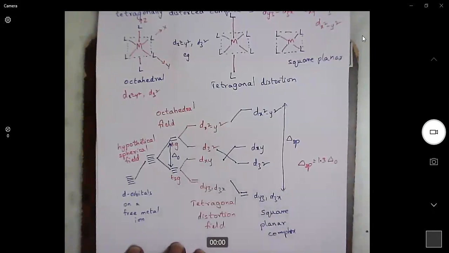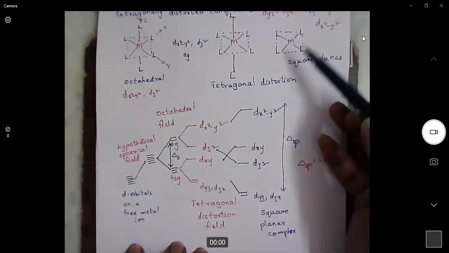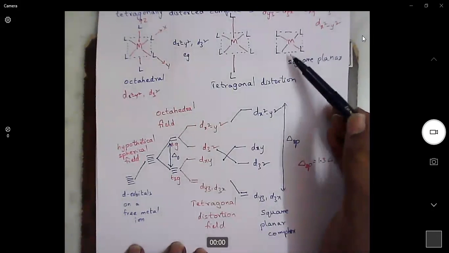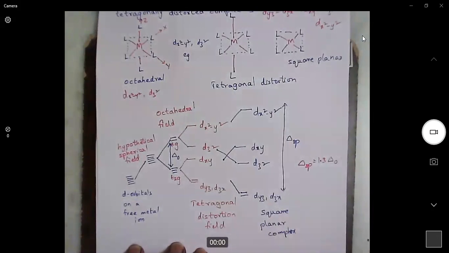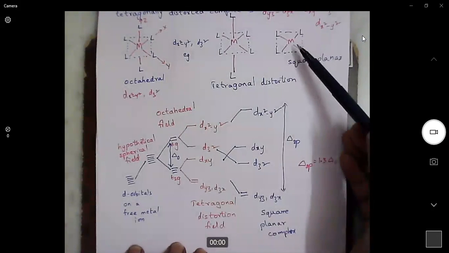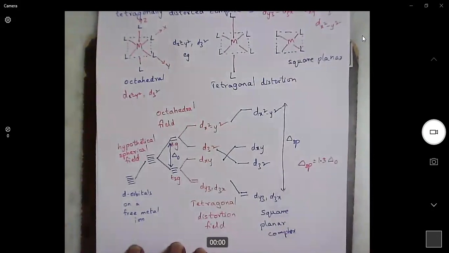Now we will look at square planar complex. What is square planar complex? If we can remove these two ligands which are along the z axis completely, then we will observe square planar complex. When we remove two ligands along the z direction, we observe decreased repulsions along the z direction.